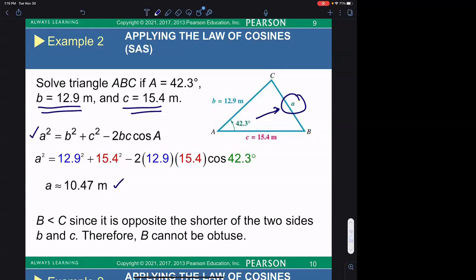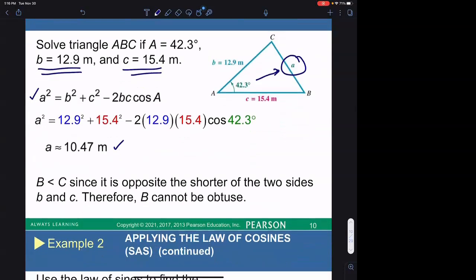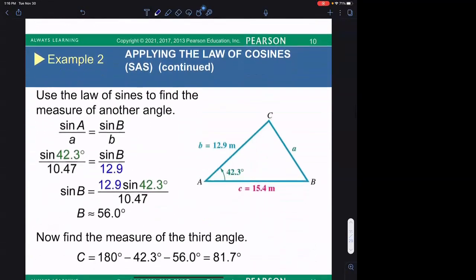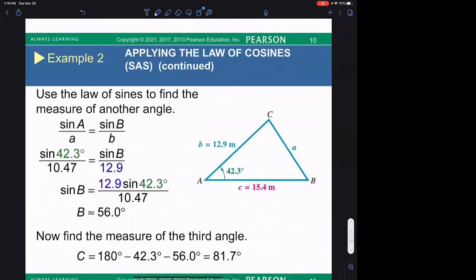They're doing this because they're trying to give you the best pattern to solve the equation a little bit more quickly and comfortably. It's easier if you solve for the shorter angle first, because there can only be one right answer to that. So they're pointing that out, and then they're saying use the law of sines to find the measure of another angle.